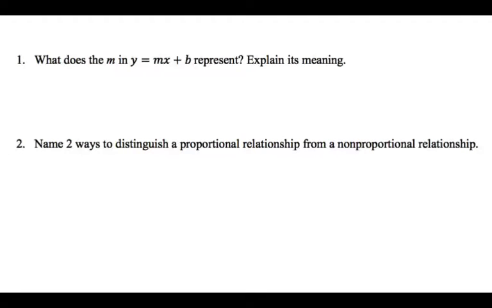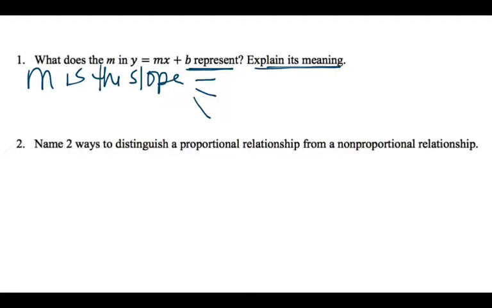Okay, so our numbers 1 and 2. Number 1, yesterday we talked about m is the slope. And that handles this first question. But the second question, for explaining the meaning, you have a couple options depending on how you view the slope. You could see it as the pattern of the line.